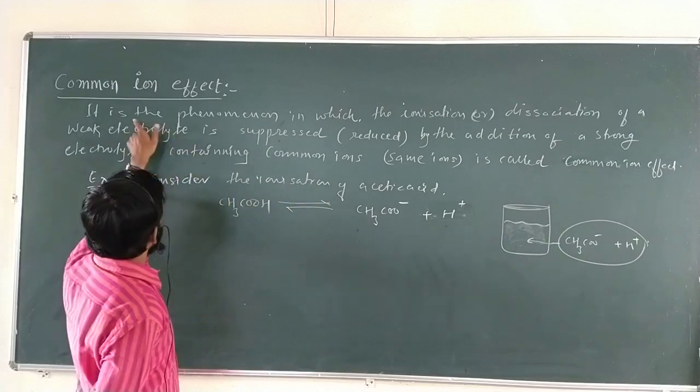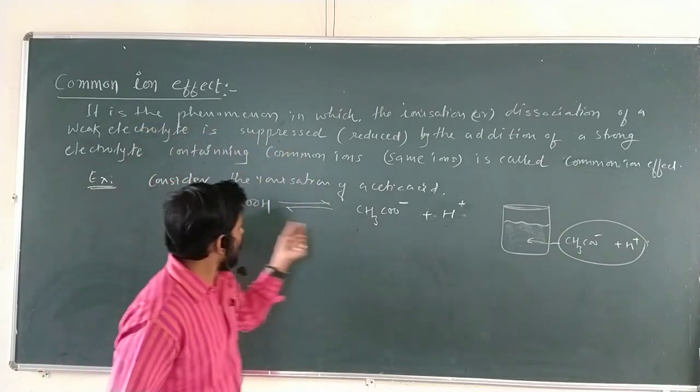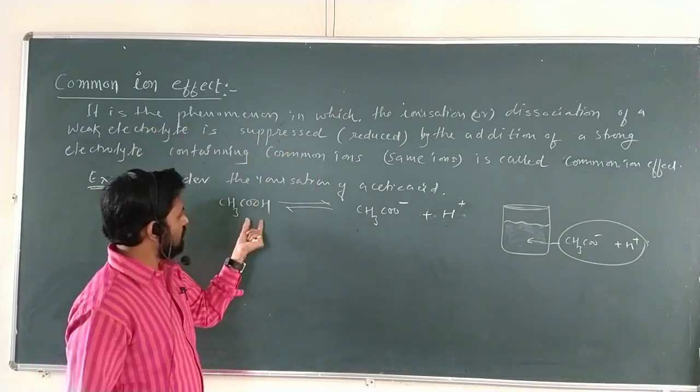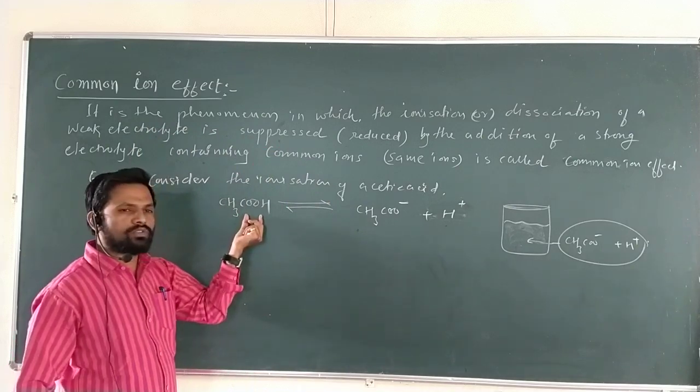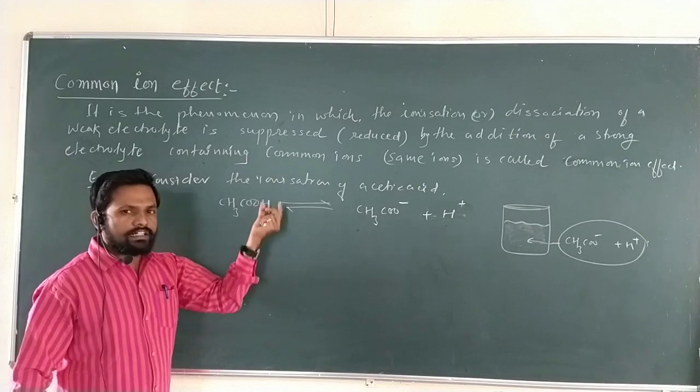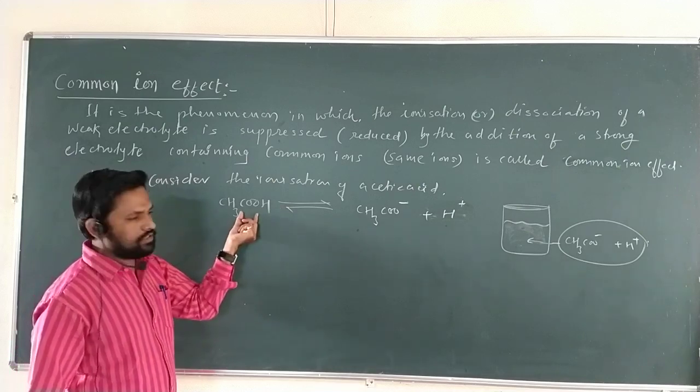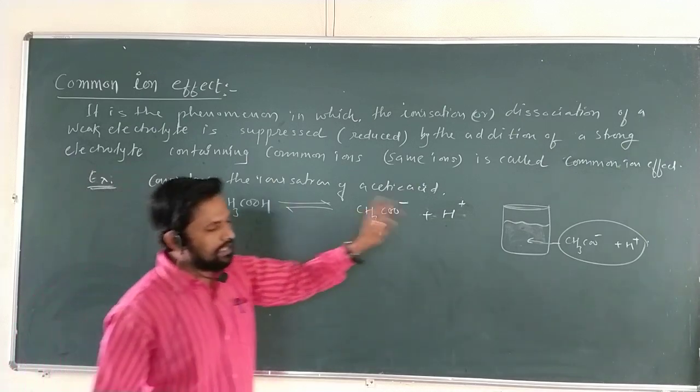What we have to do? The dissociation or ionization of the weak electrolyte has to be suppressed, that is, reduced, by adding something into the same solution.